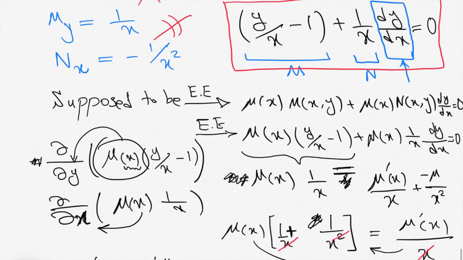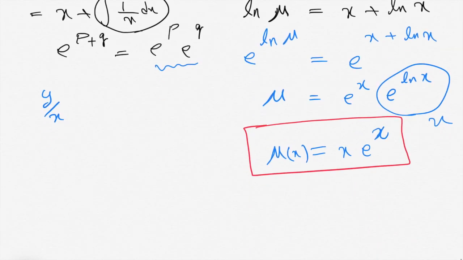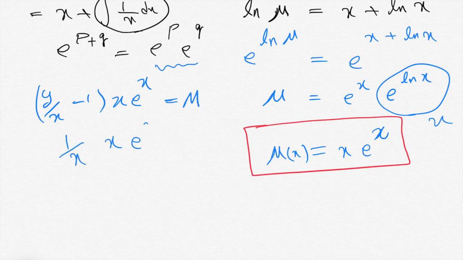So y over x minus 1, times x e to the power x, is going to be our new M, let's say, and the other one, 1 over x times e to the power x, is our new N.